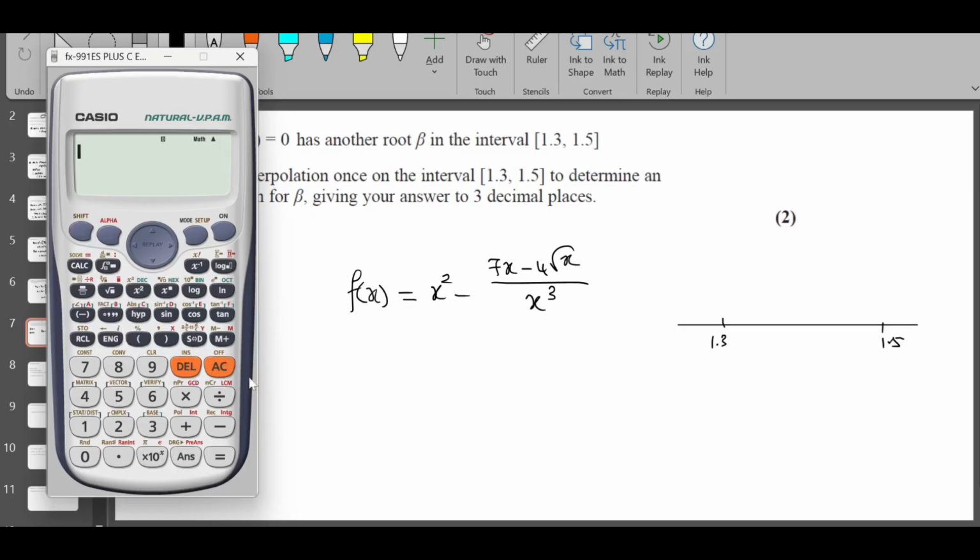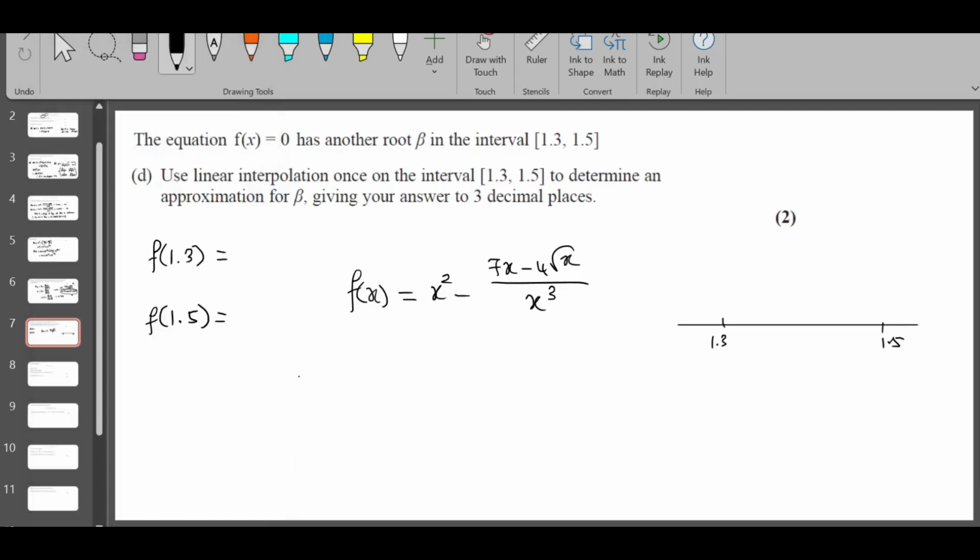I store this value as c. It's minus 0.376.